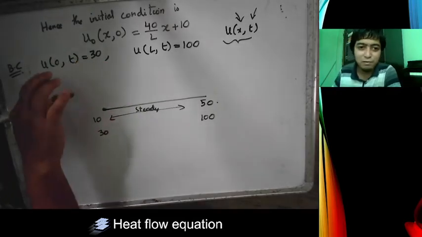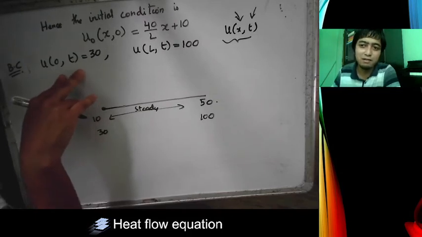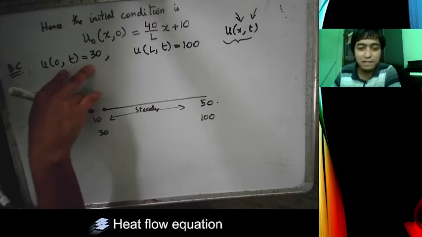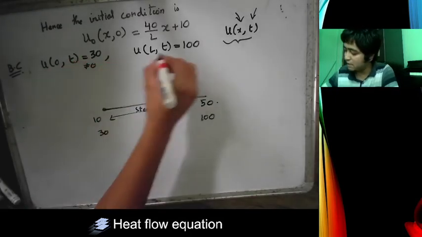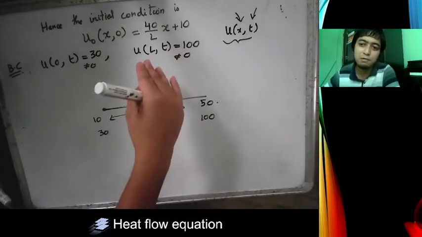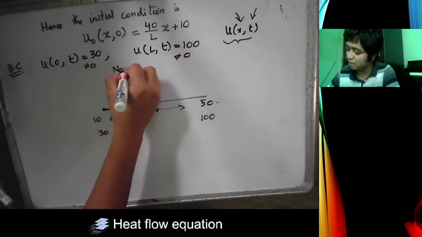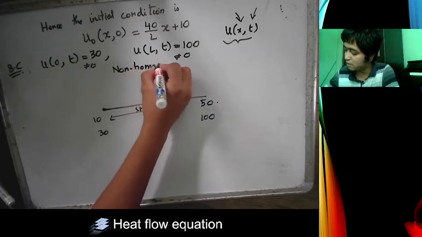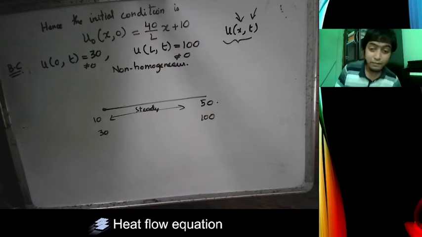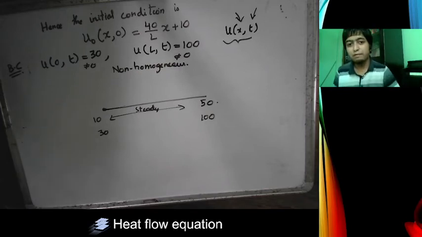How do we know that these boundary conditions are non-homogeneous? If you remember, this one is not equal to 0 and this one is not equal to 0. If any of the boundary conditions are not equal to 0, then you can say they are non-homogeneous. So what will we do then?